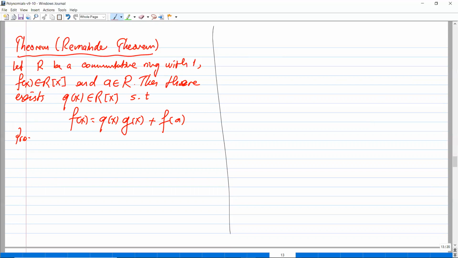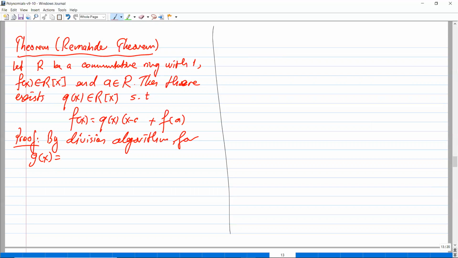Here's a proof. By the division algorithm that we proved in the previous lecture, we can write, by taking g of x to be, oops, that's not g of x, this is x minus a.